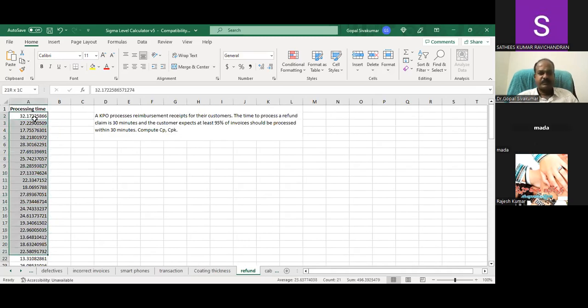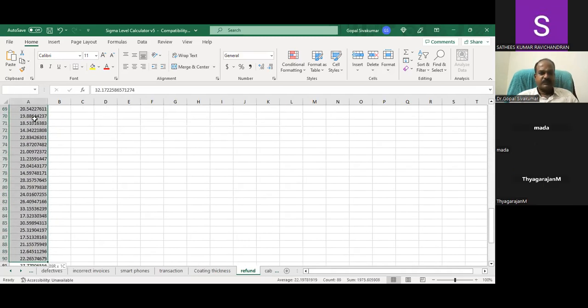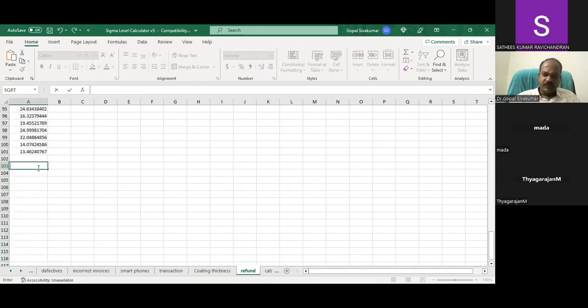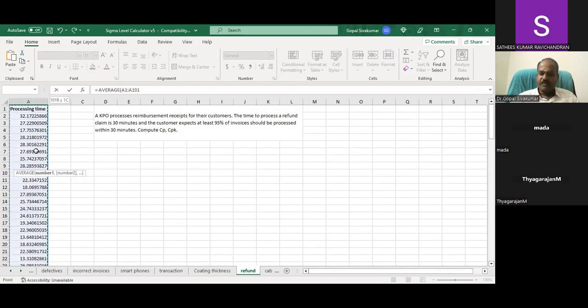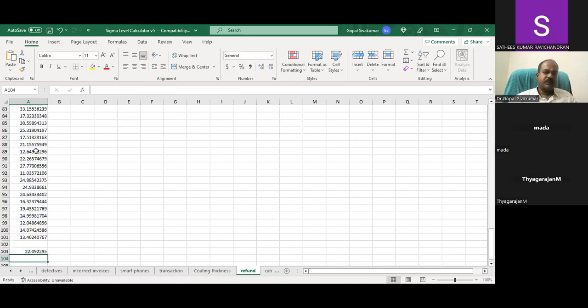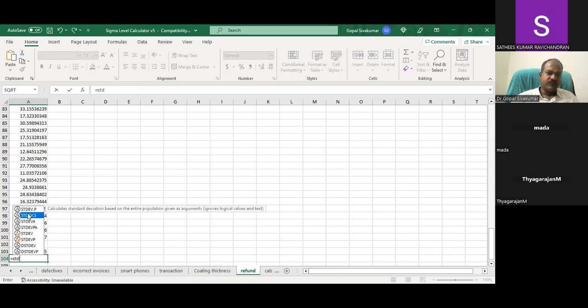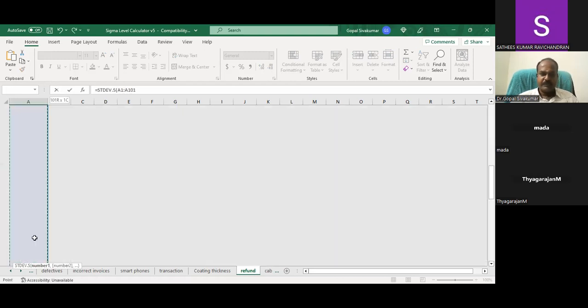Yes. Now once this kind of data is given to you, you may require the summary of it. Summary means the average of all this data, and you have to calculate the standard deviation.